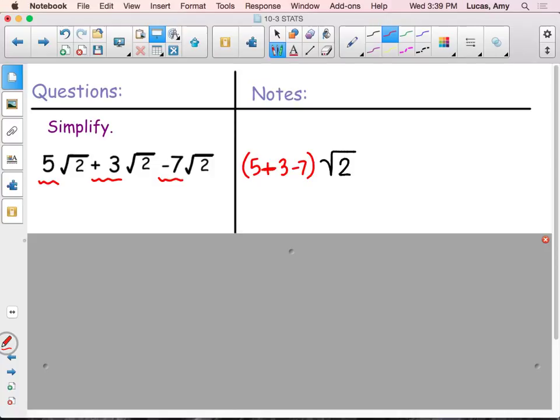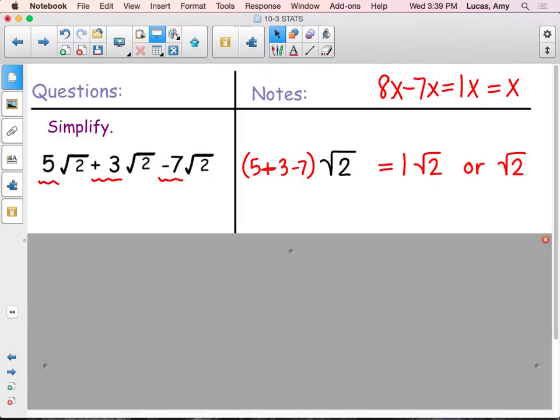Minus 7 is just 1. So it's 1 times the square root of 2. Or you might just see it written as the square root of 2. Because when you work with variables, if we had 8x minus 7x, you don't have to write the x with the 1 in front. You can write it just by itself.